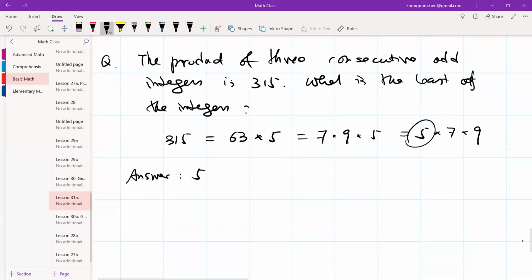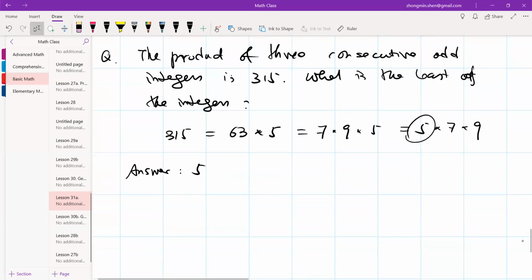So we're always talking about the product of 3 consecutive odd integers, 3 consecutive integers. Who can explain to me why the product of three consecutive integers is going to be divisible by 6?